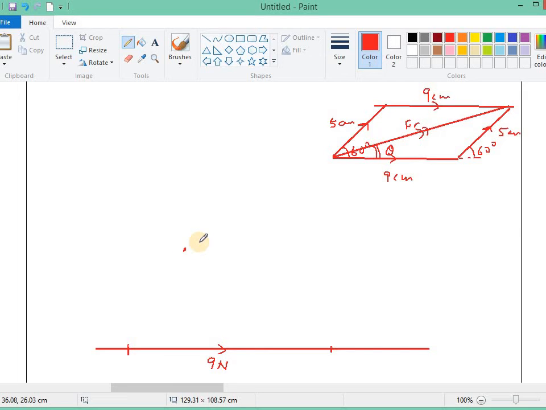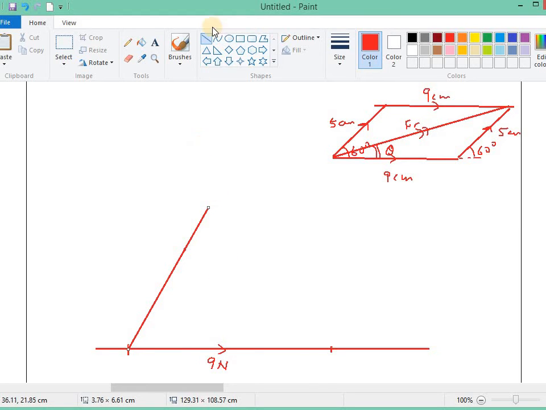I put the protractor on my screen to measure 60 degrees. This line should be longer than 5 cm.